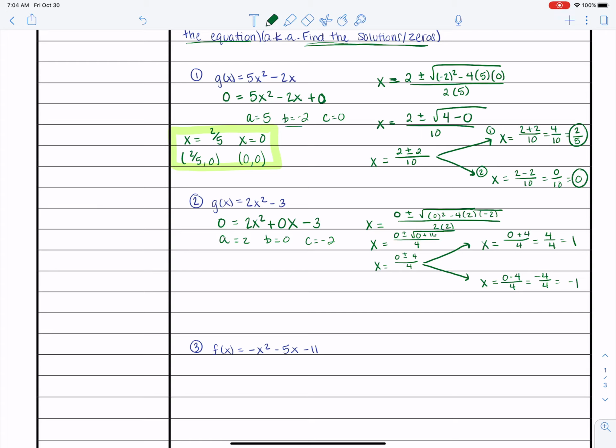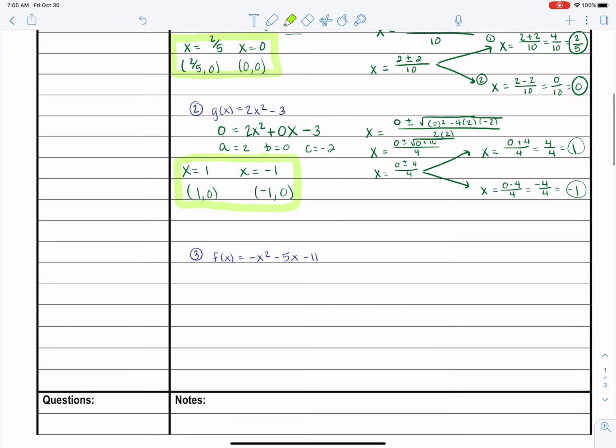All right, so our answers, the x-intercepts, or the solutions, or the zeros, are where x equals positive 1 and x equals negative 1. So I could say it's the ordered pairs 1, 0 and negative 1, 0, because the y value is 0 because you're on the x-axis. All right, example 3.